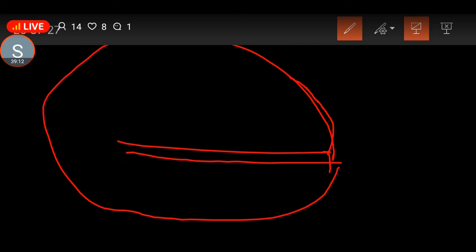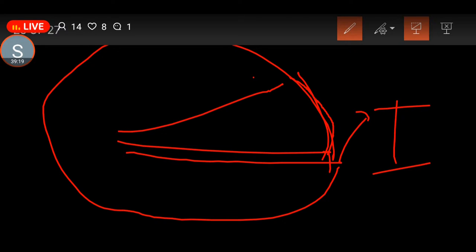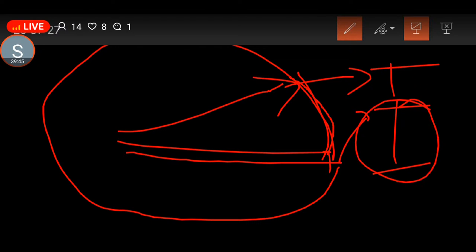This side is called the initial side, and if you go here it will be here like this, right? So this side is the terminal side.